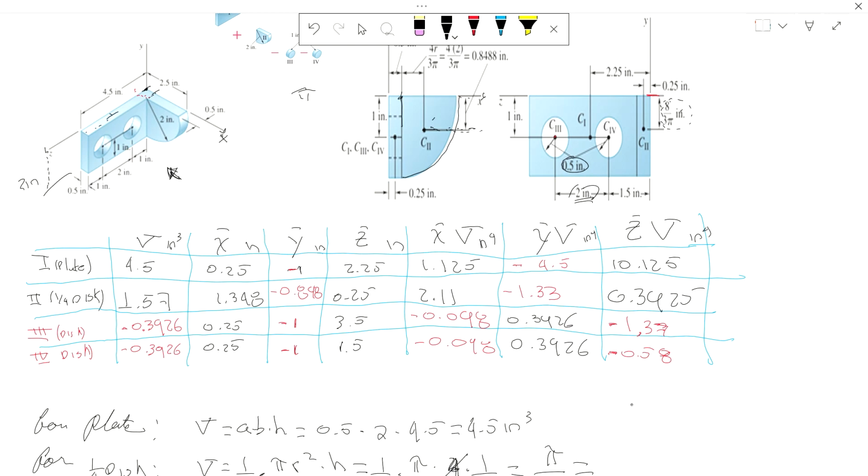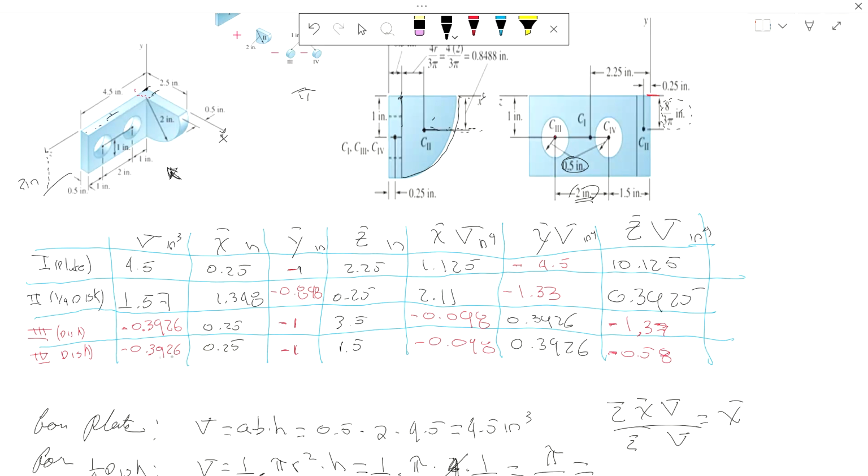If we want to find the centroid, first of all, we have a value of centroid times volume, and we have volume also computed. Therefore, all we have to do is do summations of those values, and that will give us the centroid for x, y, and z. So let's do that.